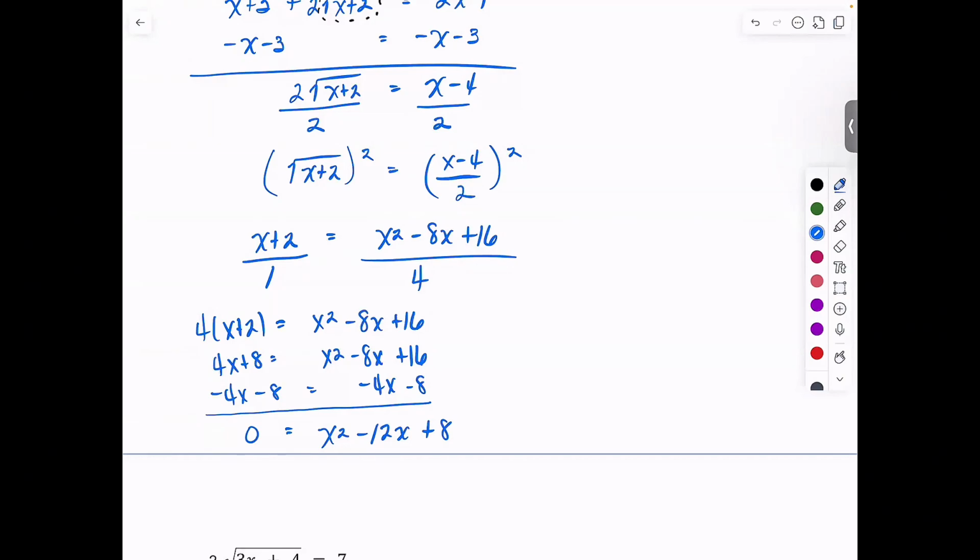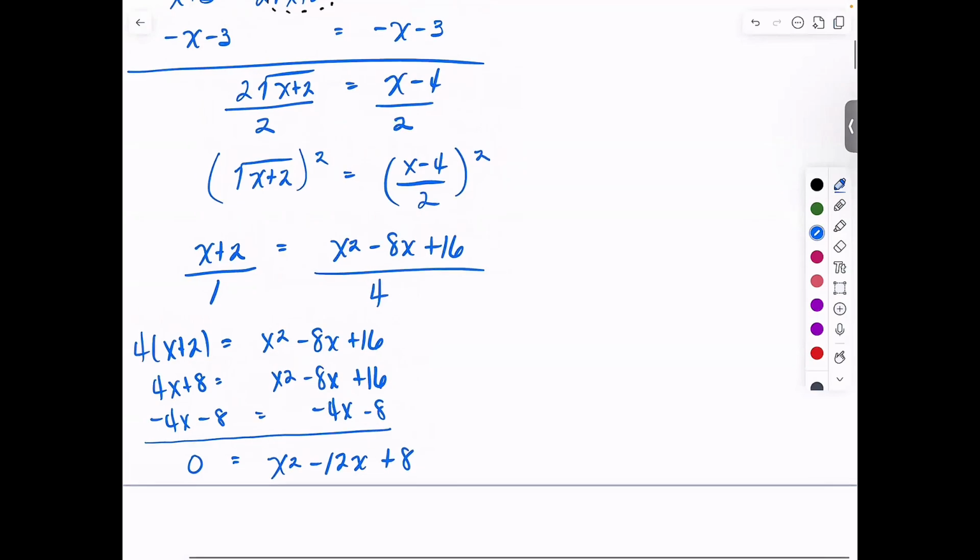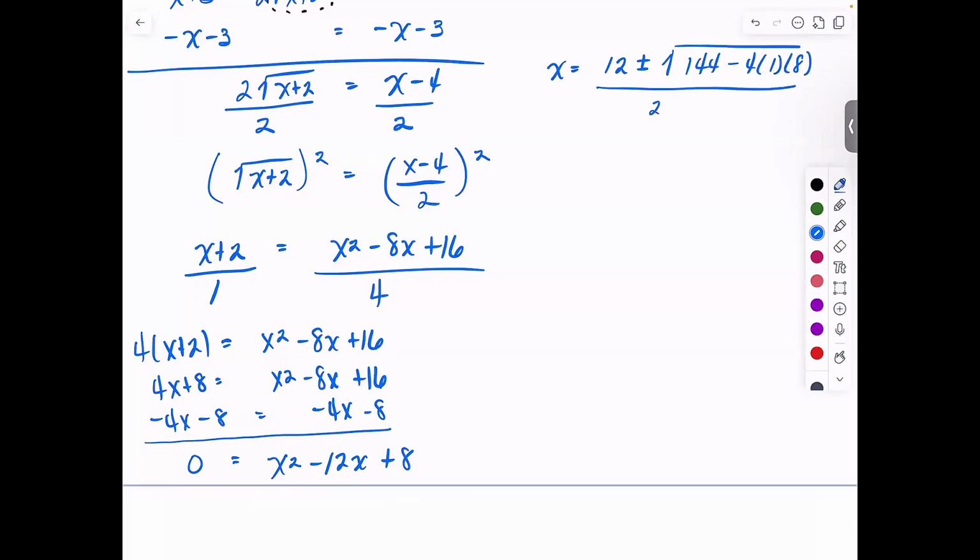I don't see any factors of 8 that'll give us minus 12, but we could do the quadratic formula real quick. So I'm going to do that off to the right. So we'll have x equals negative b, which is positive 12, plus or minus the square root of b squared, which is 144, minus 4 times 1 times 8, all over 2 times a.